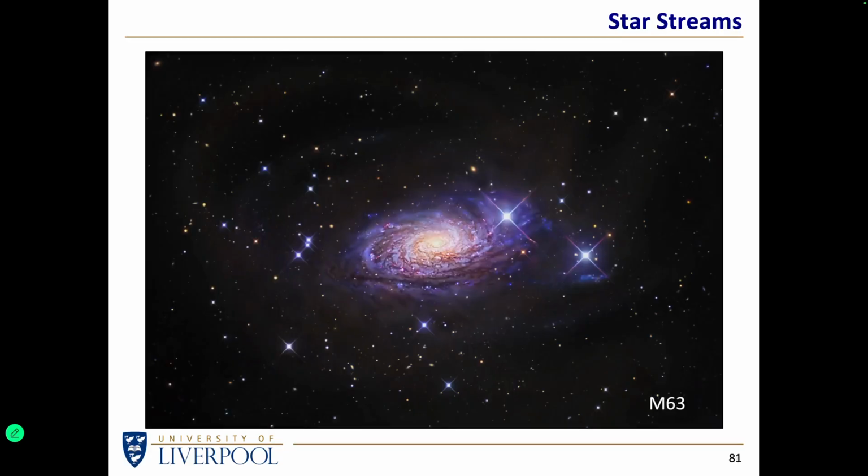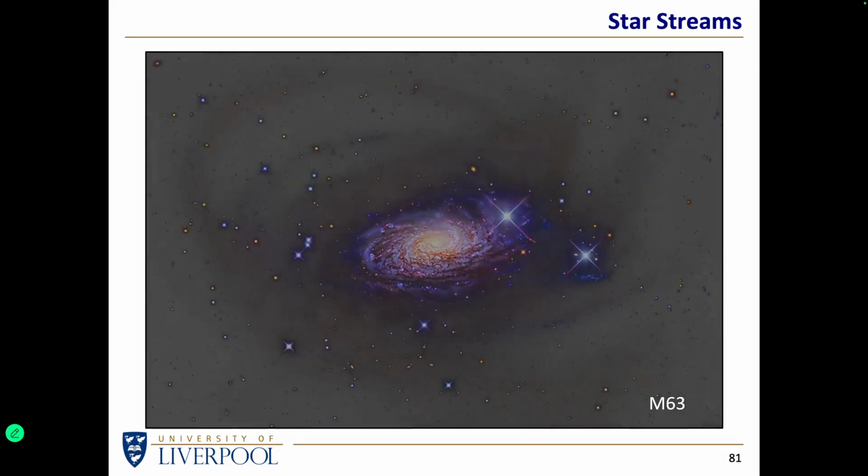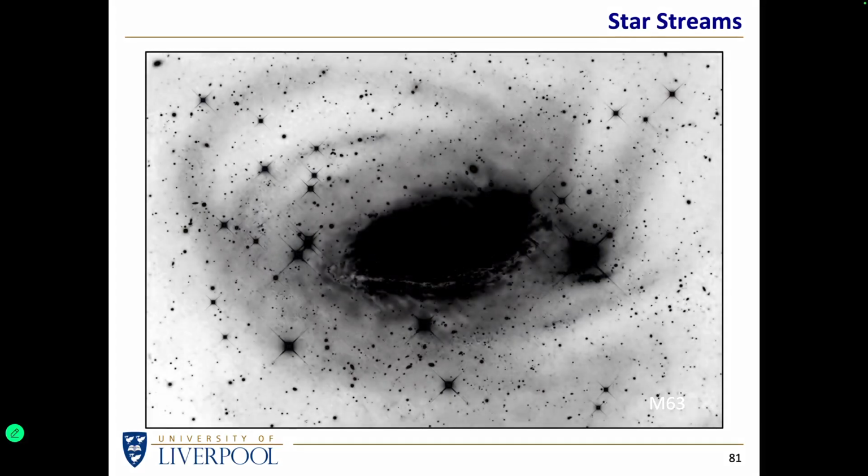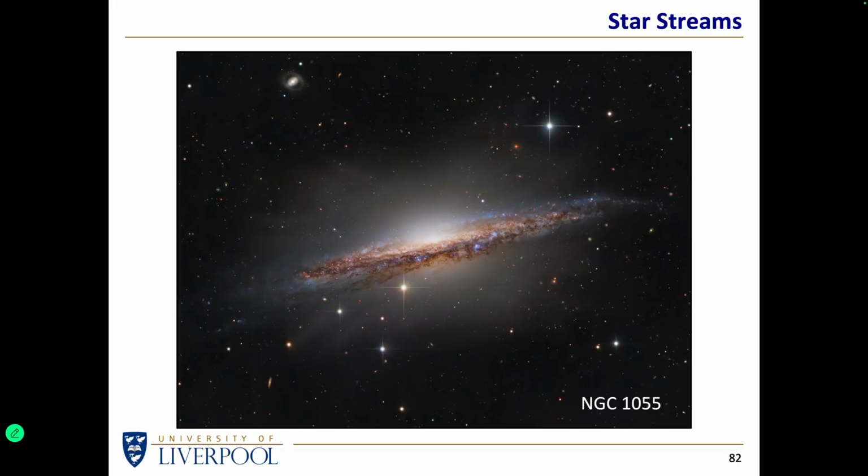This is Messier 63. At first sight, there doesn't seem to be much going on here, but again, if we turn it black and white, perhaps you can see more clearly, there are definitely star streams looping around the galaxy, indicating that this galaxy also has interacted with other galaxies in its past.